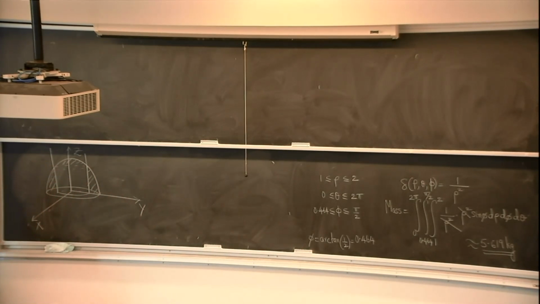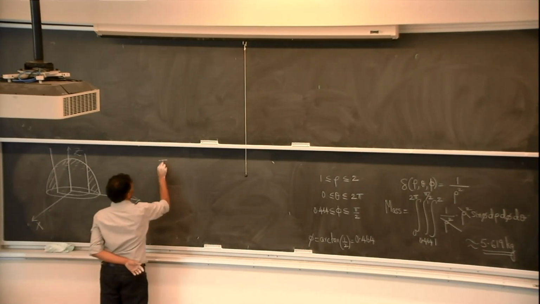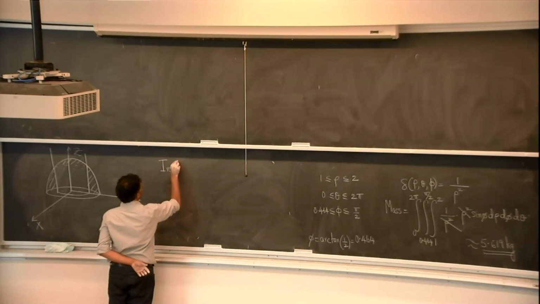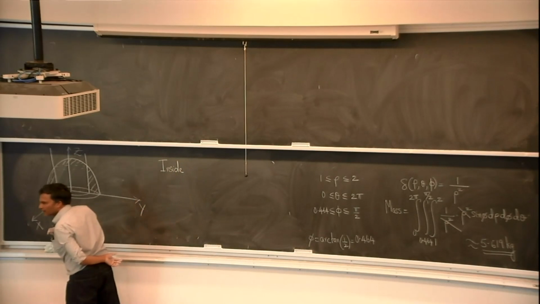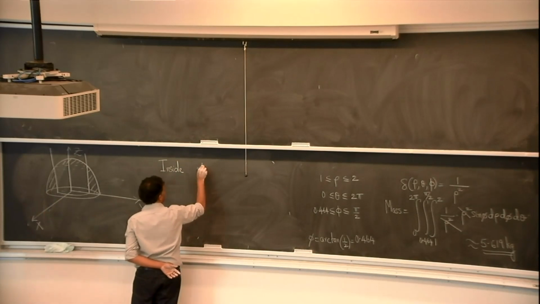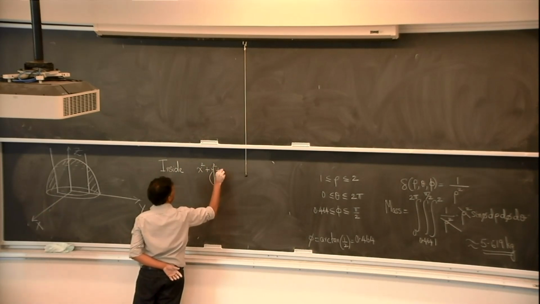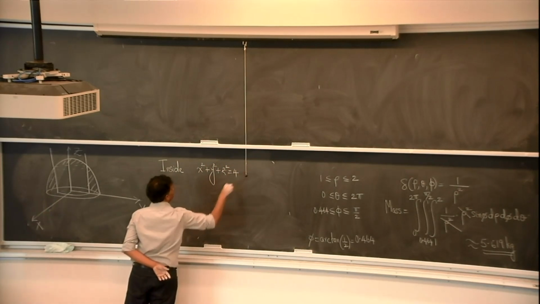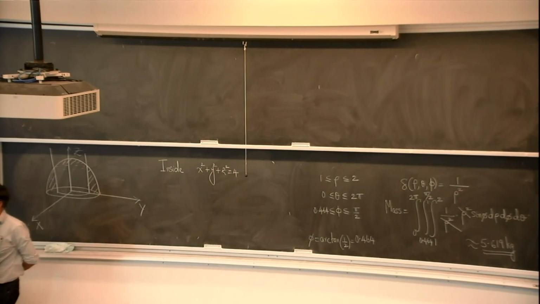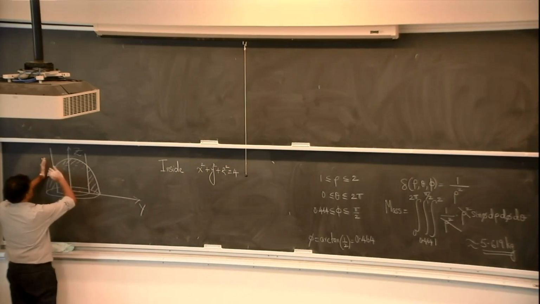Consider a solid that lies inside the hemisphere. Oh, I see. Inside x square plus y square plus z square equal to 4, and outside the cylinder, which means that you're just keeping the sphere here and there's nothing in between.